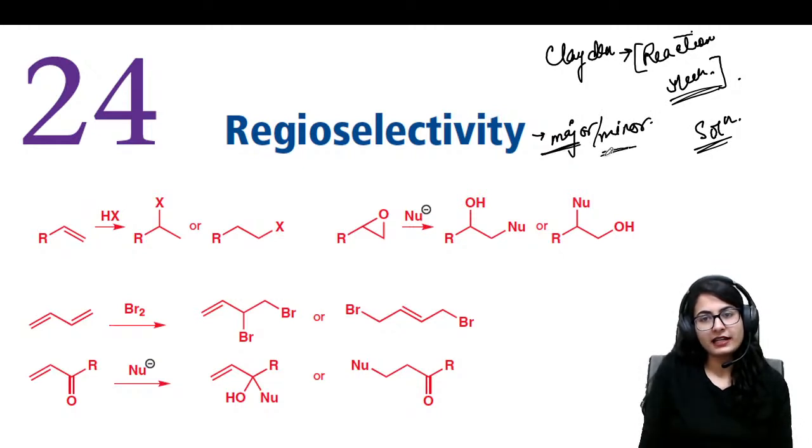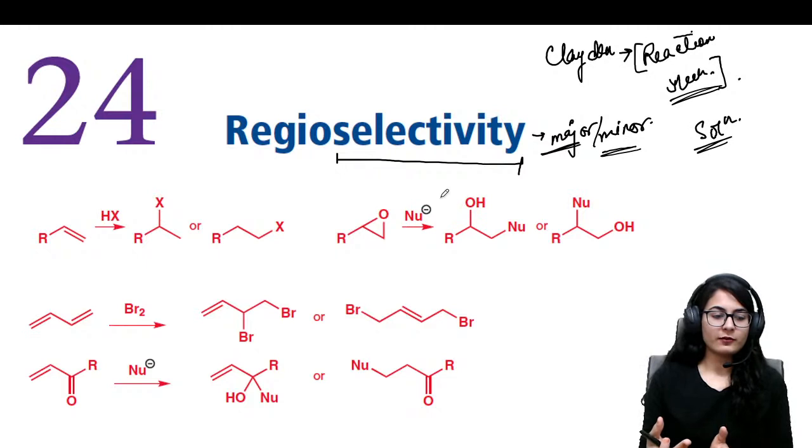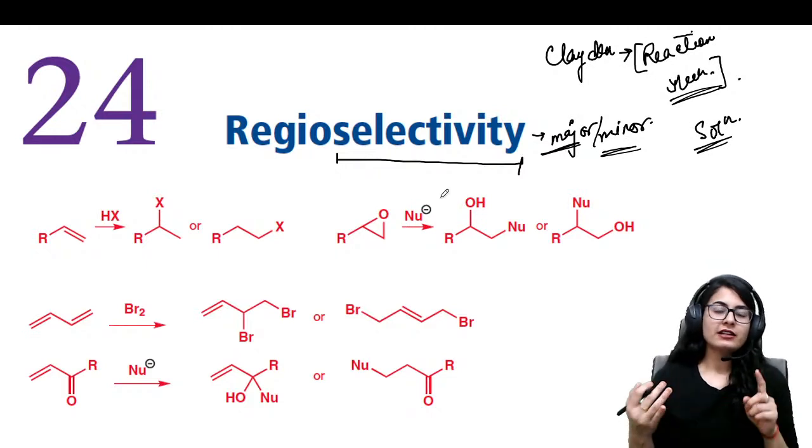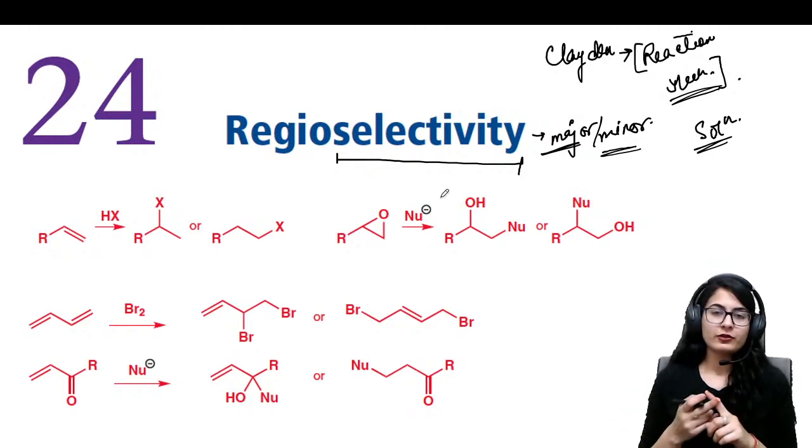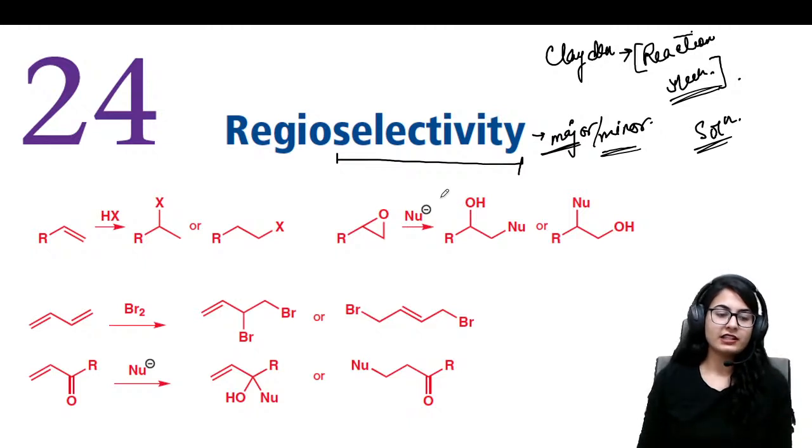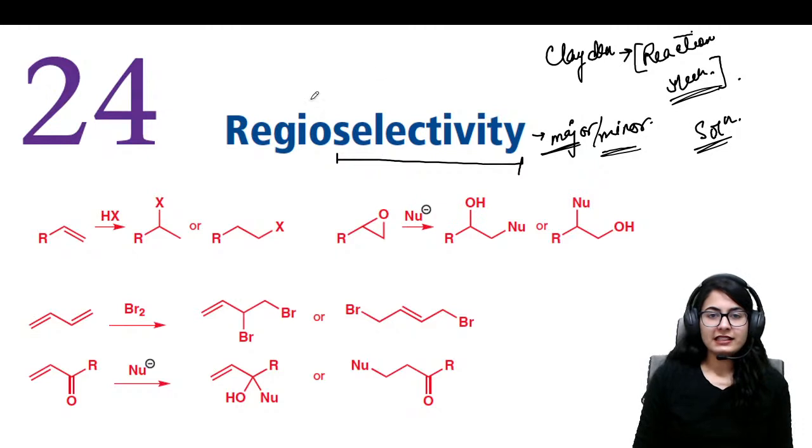Because of the selectivity term, we have a major and a minor product. It could be regioselectivity, stereoselectivity, or chemoselectivity. Three types of selectivity you have.